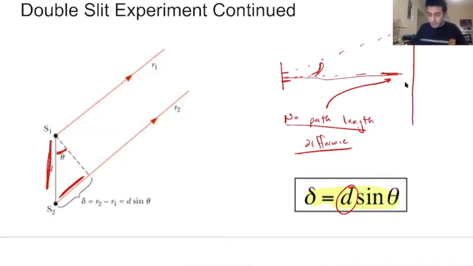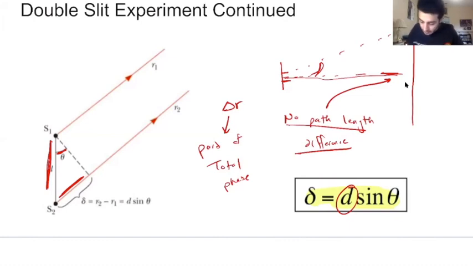But once we go up and down, the path length difference changes, and the total phase changes because the path length is factored into the total phase. As the path length difference increases, the difference between the two phases increases.